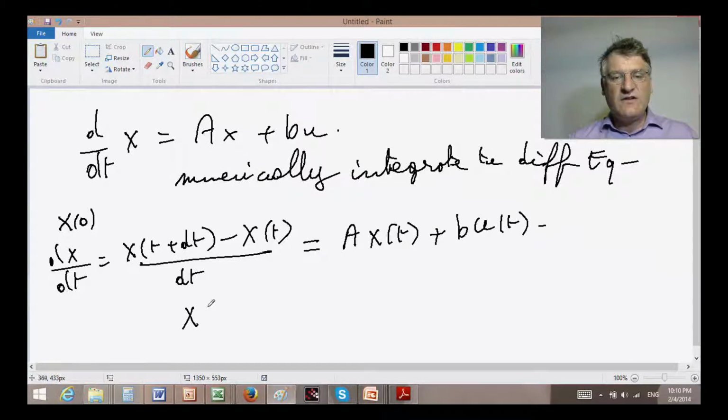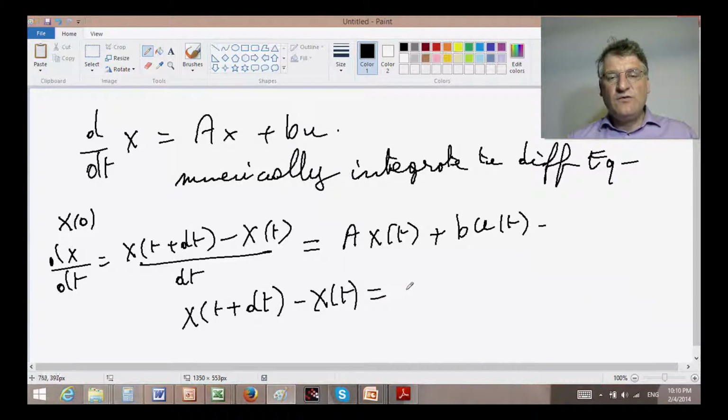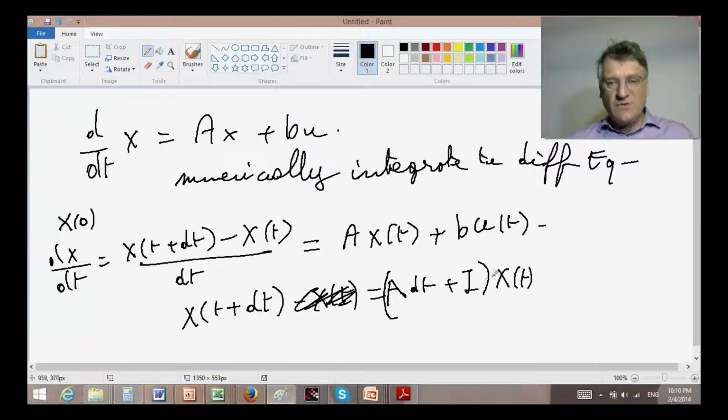I get that x of t plus dt minus x of t, putting the x of t on the other side, will be equal to a times dt plus identity times x of t, identity times x is just x, plus b dt times u of t.